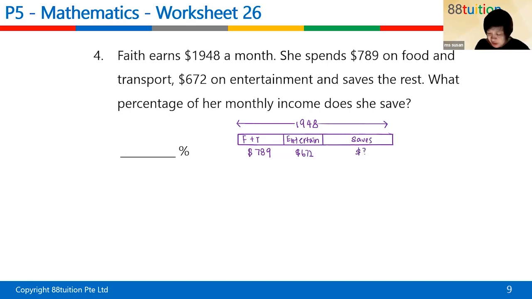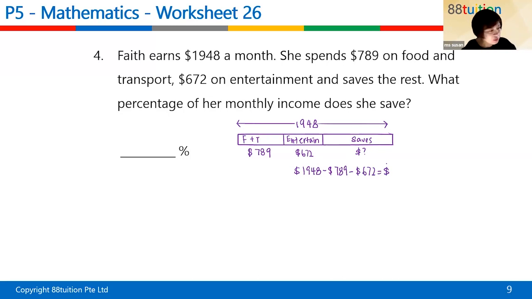So how much is the savings? First thing first, you can do this. Okay. So you have 1,948. Can you help me with the calculation? Okay, all right. 1,948 minus 789 minus 672.